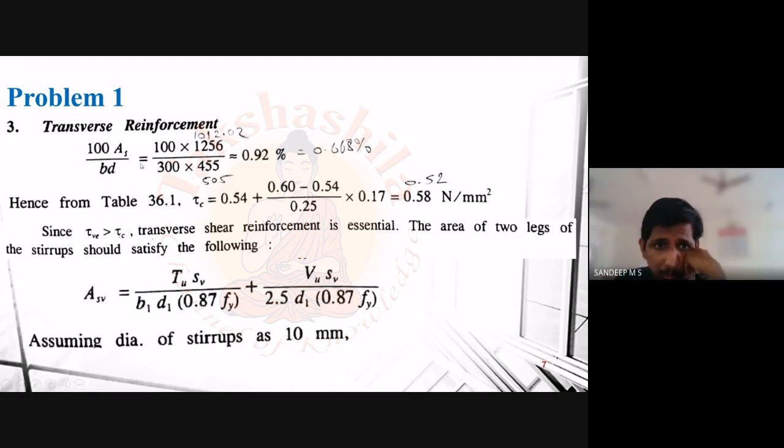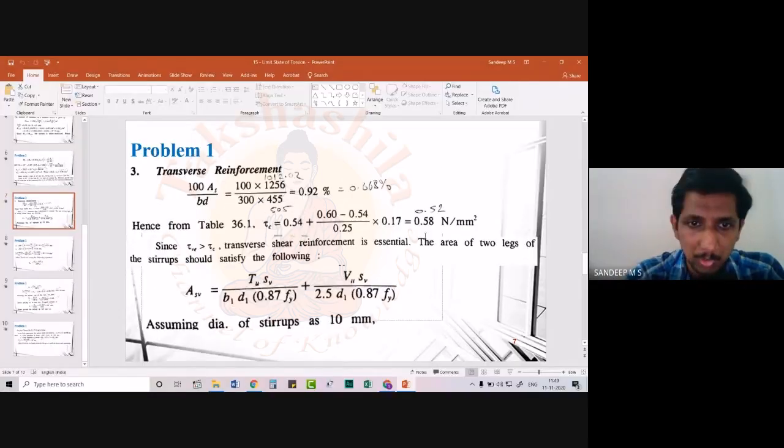So you calculate the value of 100 AS by BD, and then find the value of tau C corresponding to that. In this case tau C will be obtained around 0.52. Once you obtain tau C, as we did in the design for shear in ordinary design, we will compare tau V with tau C and tau C max.